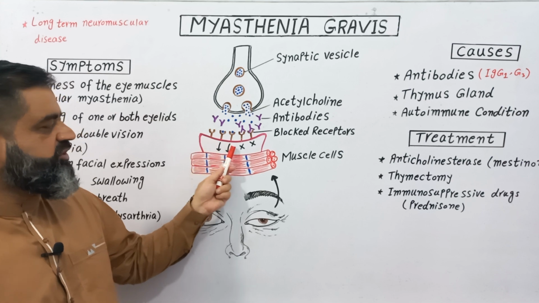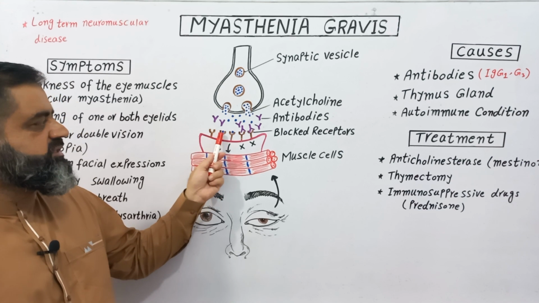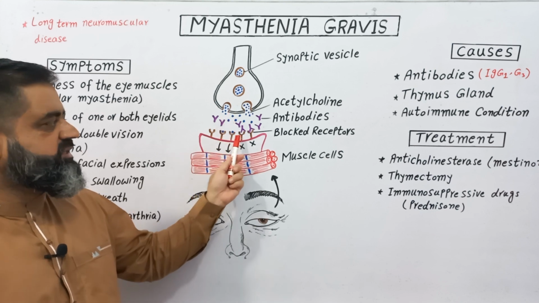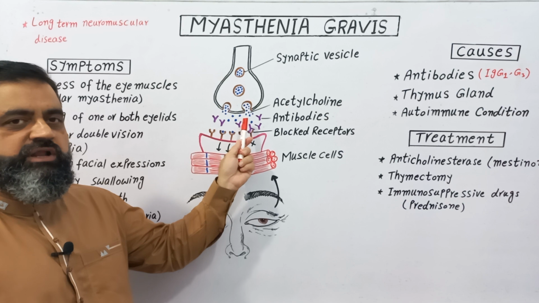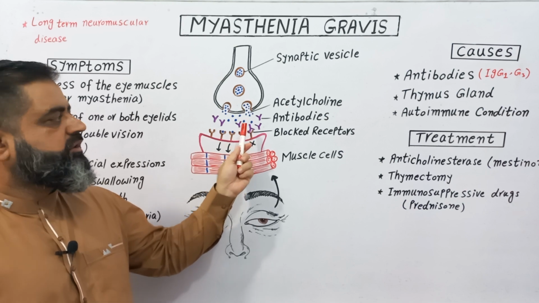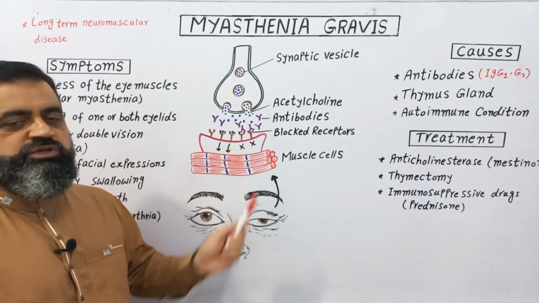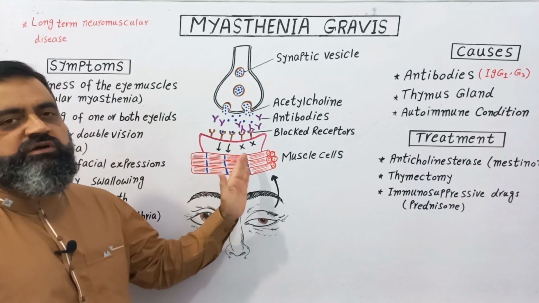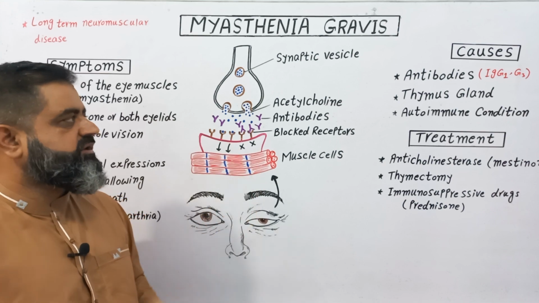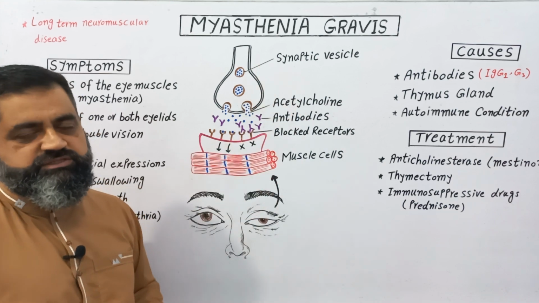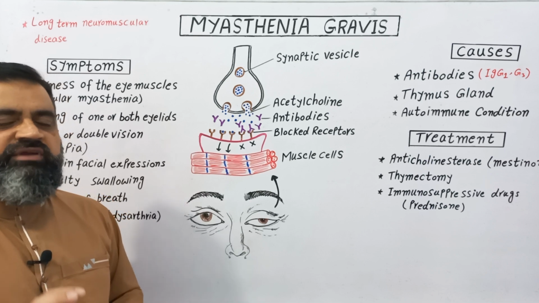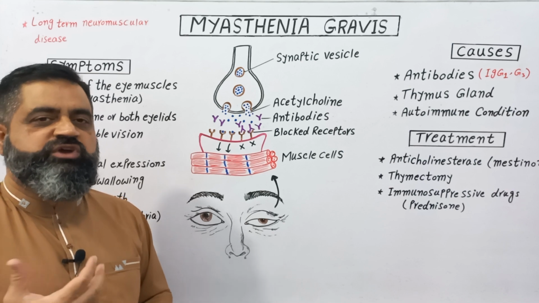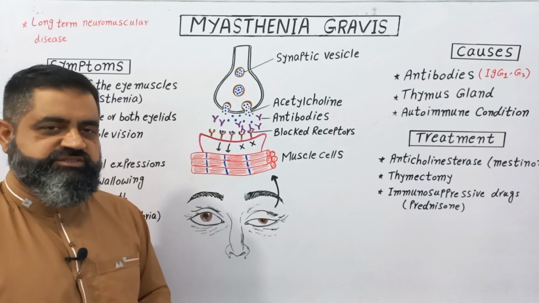In this section of the diagram, these are the neurotransmitters which are allowing the nerve impulse to pass through, but the receptors blocked by antibodies do not allow neurotransmitters to transmit through these synapses. As a result, some parts of the muscle will contract while others will not. So myasthenia gravis takes place, and a person has weak muscles or incomplete, partial contraction of their muscles anywhere in the body, especially in the eyes or the face.